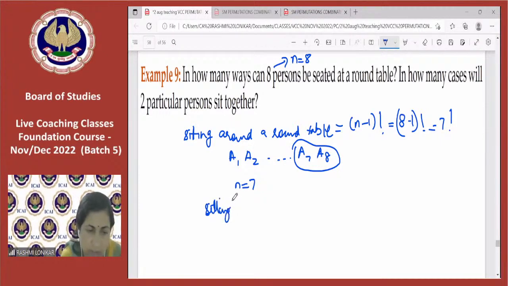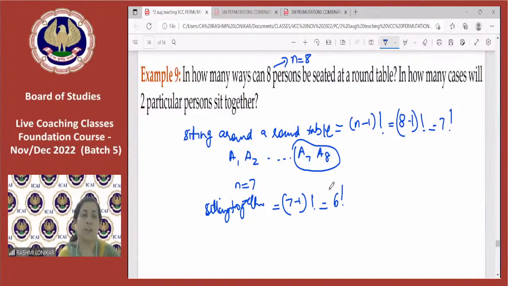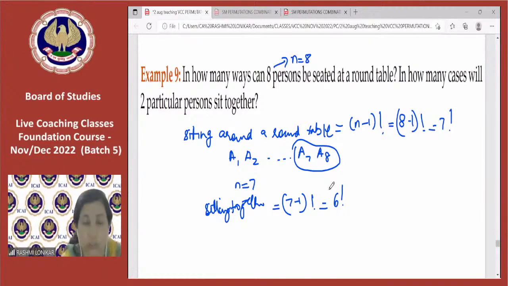Sitting together will be equal to 7 minus 1 factorial, which is equal to 6 factorial. So when you want two persons to always sit together, you have to treat them as one person, and these two people can sit together in two ways. Because they are sitting together, that is 7 minus 1 factorial, and these two can interchange between them. So this is 6 factorial into 2.